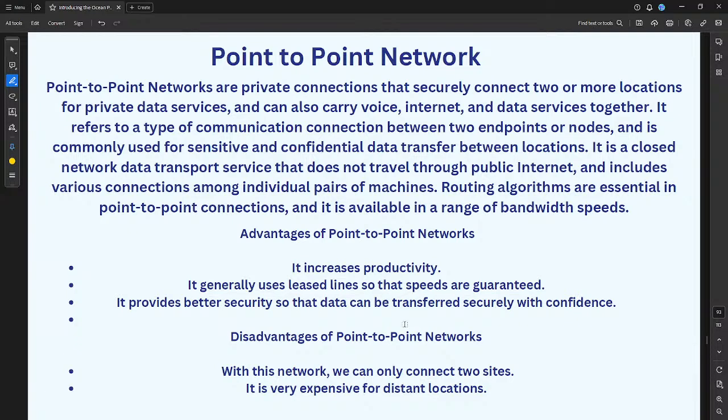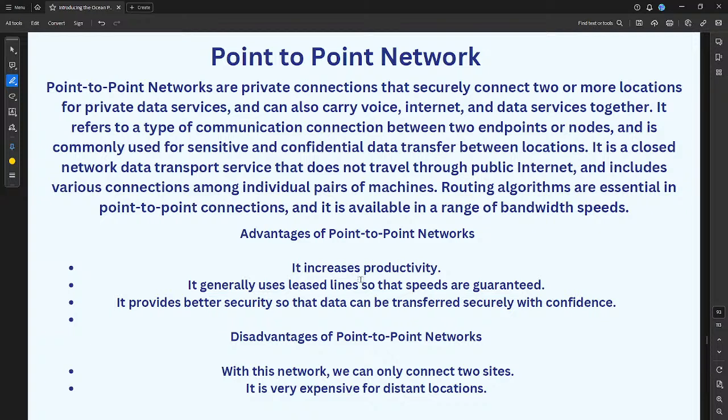So when we talk about a point-to-point network, we're just talking about system A to system B, which is a secure and private connection, because this is established between two or more private locations, devices, or endpoints, as the case may be.